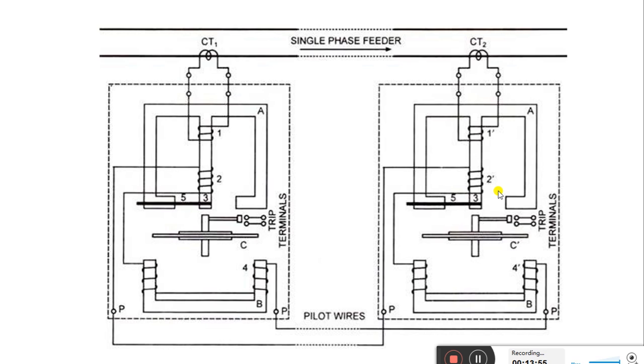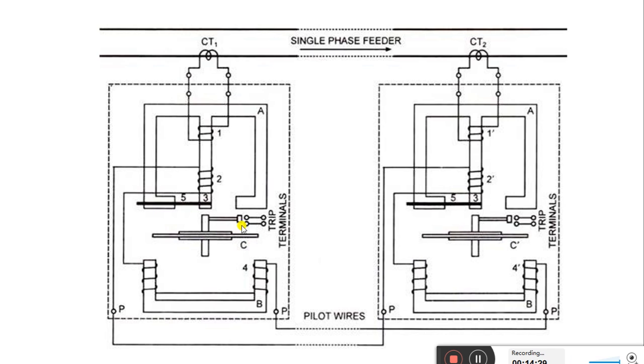But now since the fault is created, the excess current flowing through the single phase feeder will increase, and once the increase in the current through the 4 and 4 dash coils reaches the set value of this operating current, then the 4 and 4 dash coils get operated and this disc will start rotating. Both the discs will start rotating.